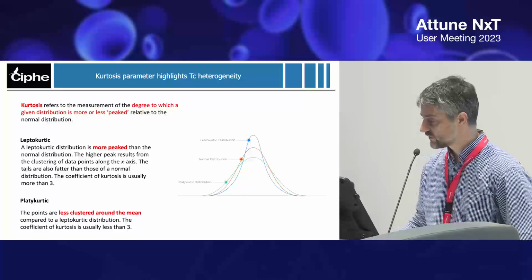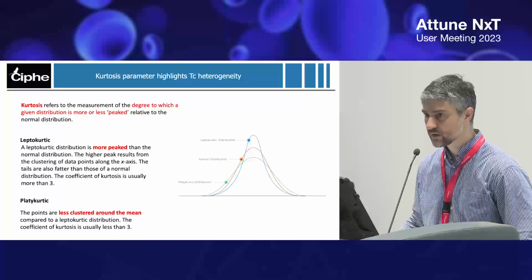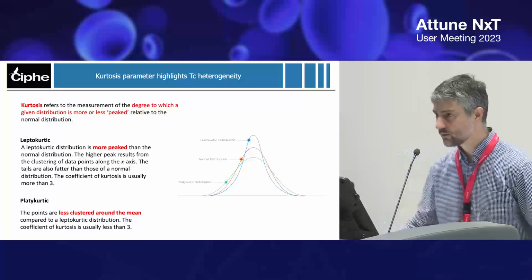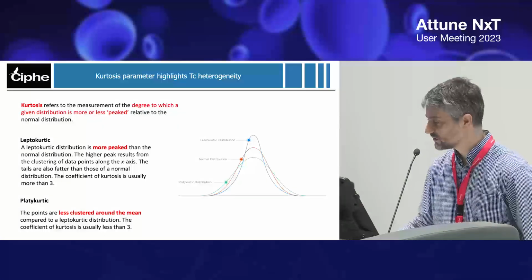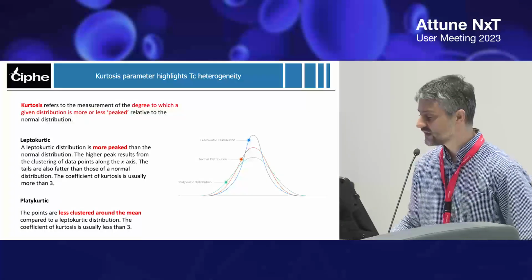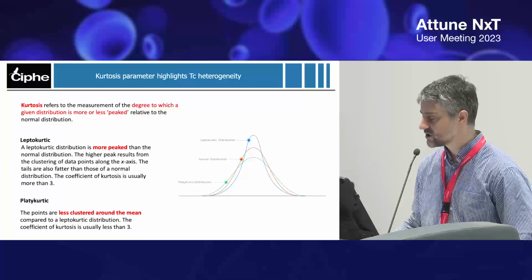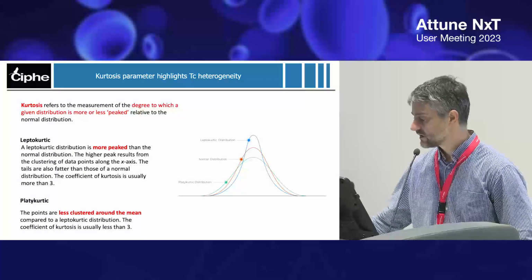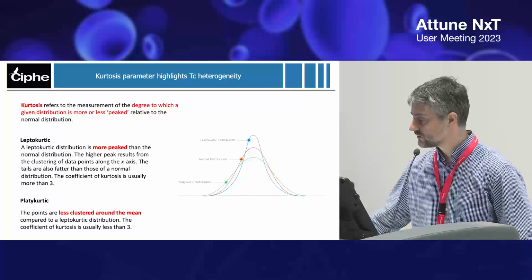And kurtosis, I put some explanation about what this is, because I'm sure in the audience nobody knows. Maybe one knows in NxT, but otherwise nobody. So it's basically telling you about the shape of your peak, how the signal is integrated. And most of the time we're looking for a normal distribution, but it's not real life.